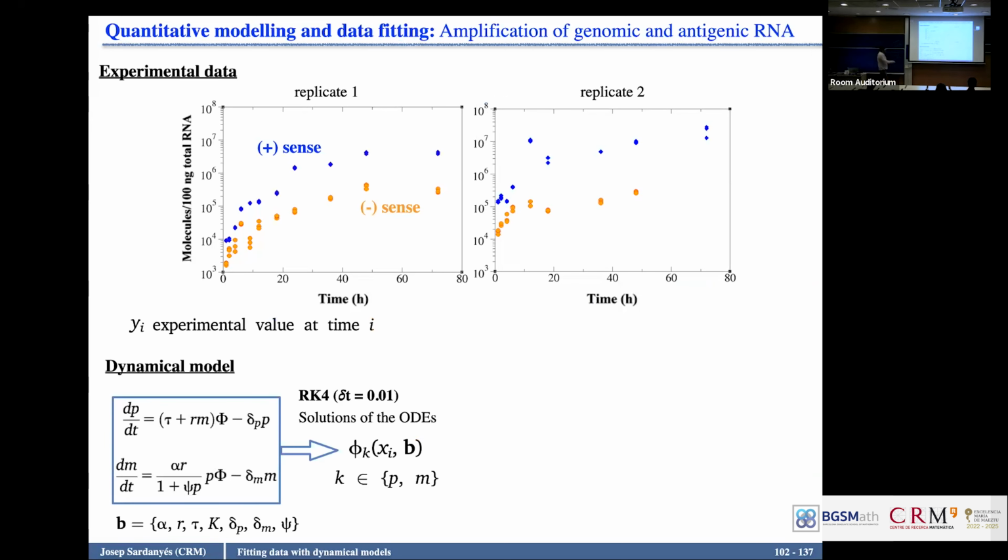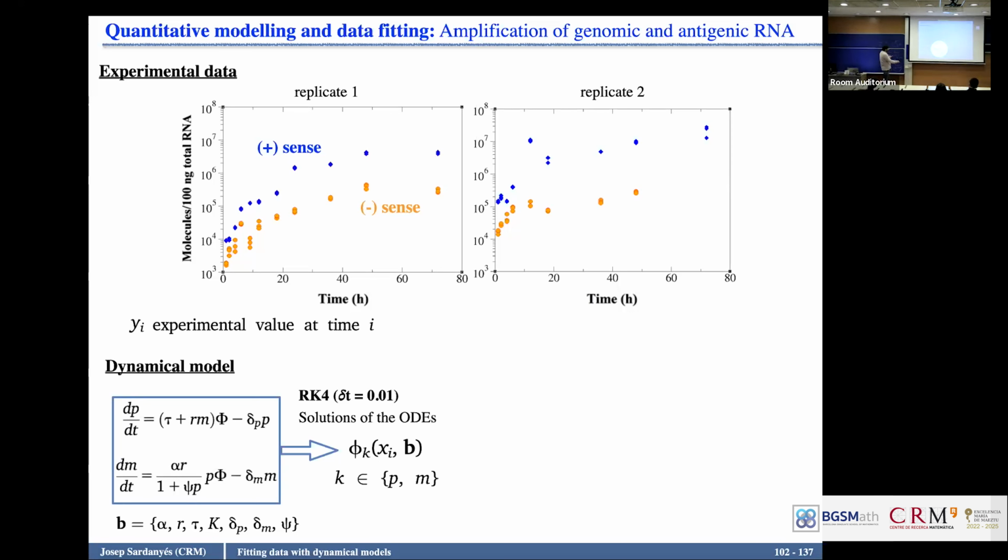Then here, because these models usually behave very well, they are smooth, non-stiff, I use a fourth-order Runge-Kutta with a constant time step size of 0.01. Of course, here I define the time scale in hours, so 2 hours, and then I just iterate it 8,000 times to get 80 hours. This is the time scale of the experiment.